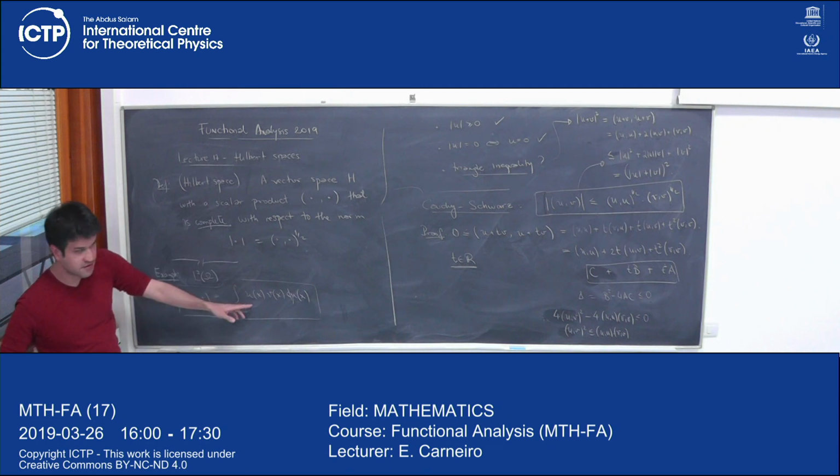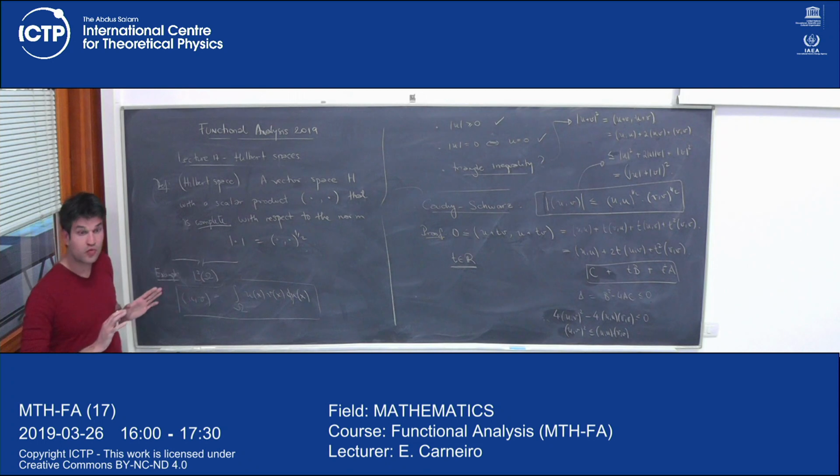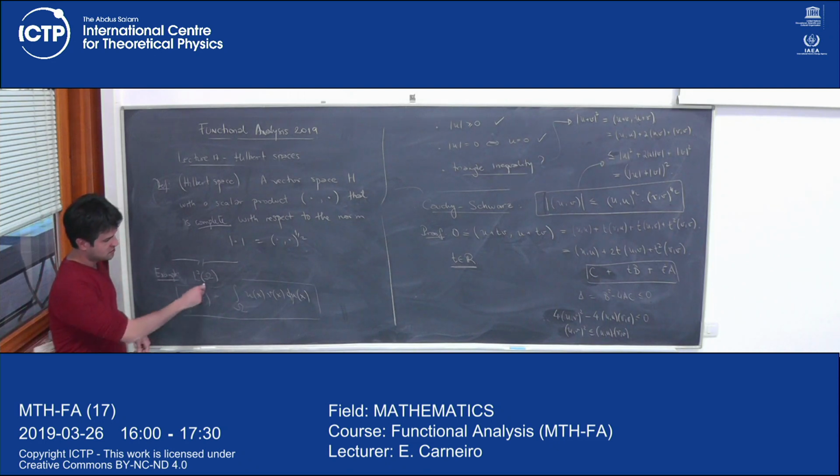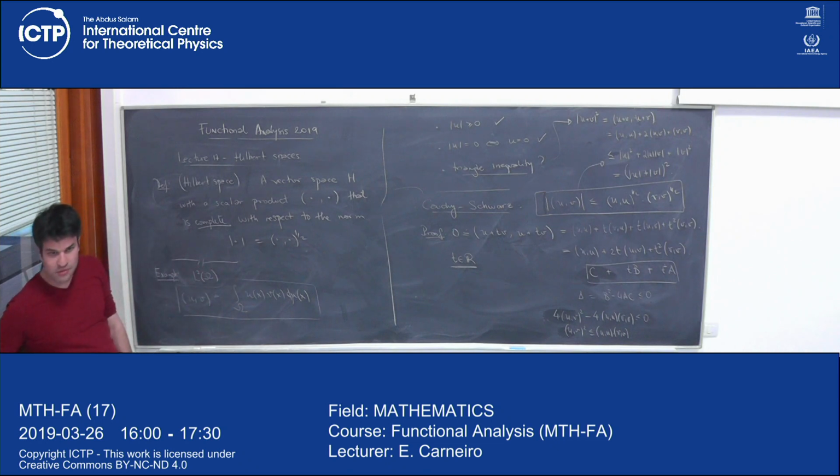It's obviously bilinear in each variable. If you take u scalar with u, you get the integral of u squared. My functions here always take real values, okay? So the integral of u squared is 0 if and only if u is 0. This is then a scalar product. The induced norm, the square root, is just the usual L2 norm. So the L2 norm that we know comes from this scalar product. This is the typical example of a Hilbert space.